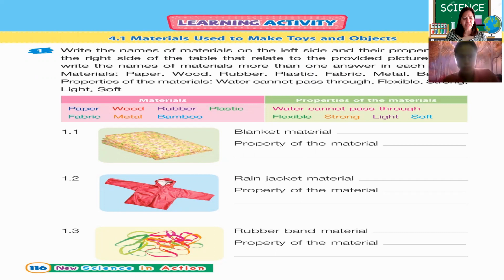You can write the names of materials, more than one answer in each blank. If you think it is made up of more than one material, you can write the materials. Understand? Don't forget, grade 2, the materials. We have paper, wood, rubber, plastic, fabric, metal, bamboo.